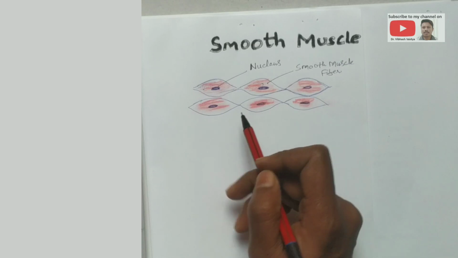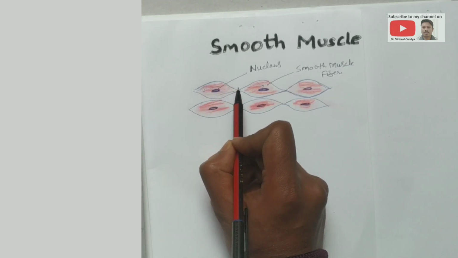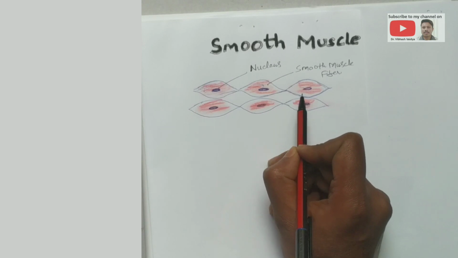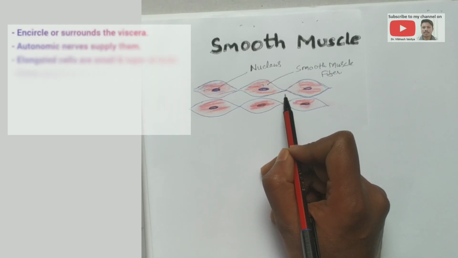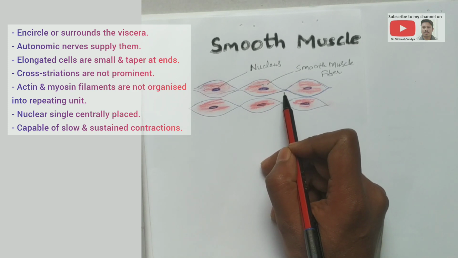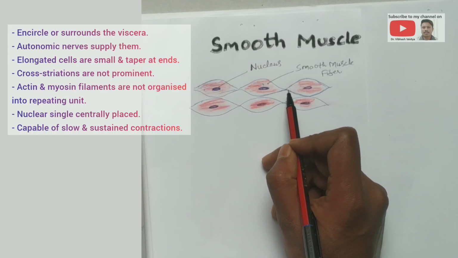Now the smooth muscle. So here you can see a schematic picture of the fiber of the smooth muscle. The smooth muscles encircle or surround the viscera. This smooth muscle is supplied by the autonomic nervous system, and it is also involuntary.